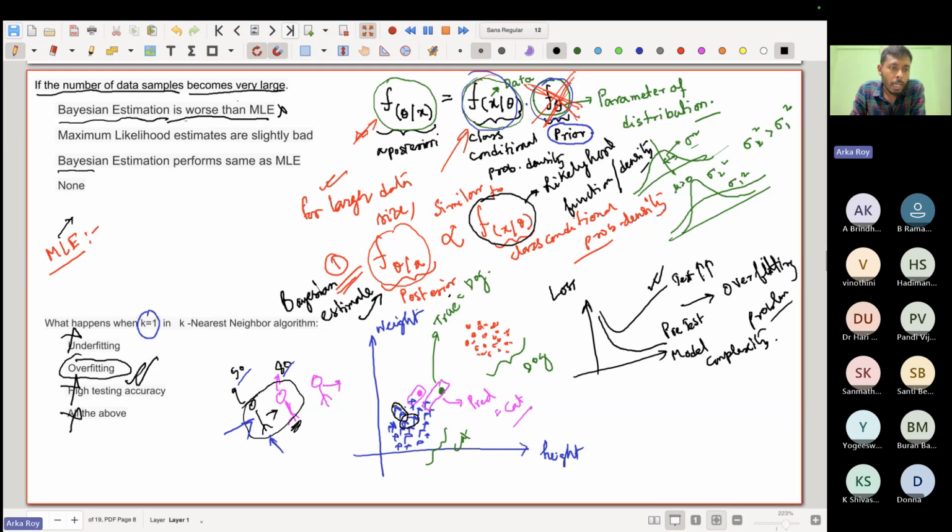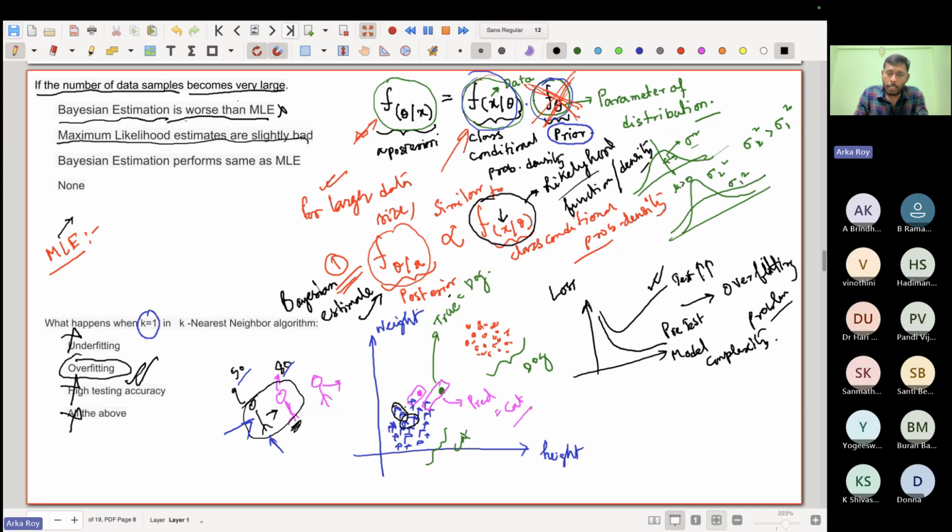So the next statement is maximum likelihood estimates are slightly bad. This is also incorrect because in case of maximum likelihood, your log likelihood depends on data. Your likelihood function, or log likelihood function if you take the log, I can interchangeably rename it as log likelihood as well.